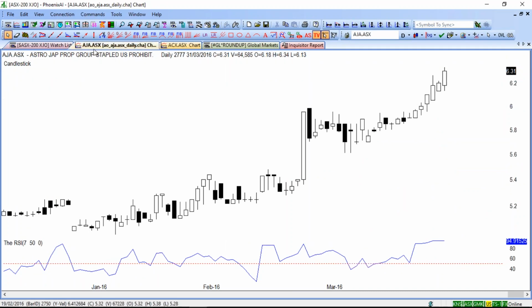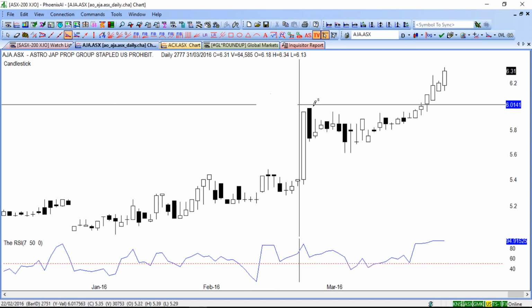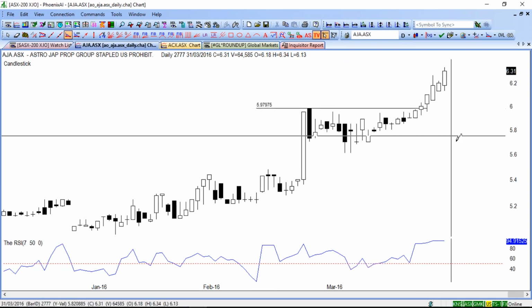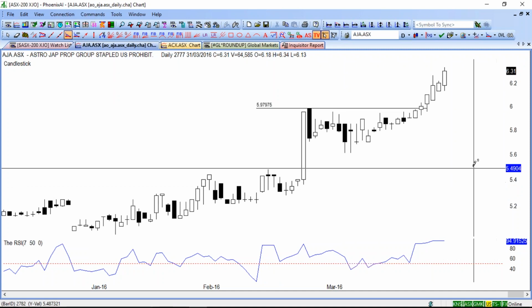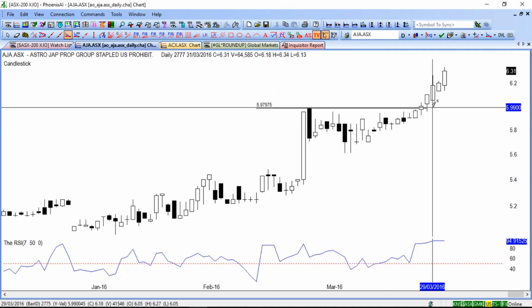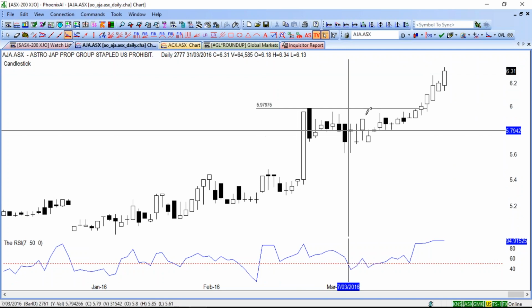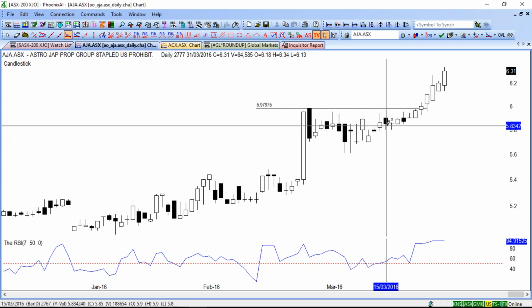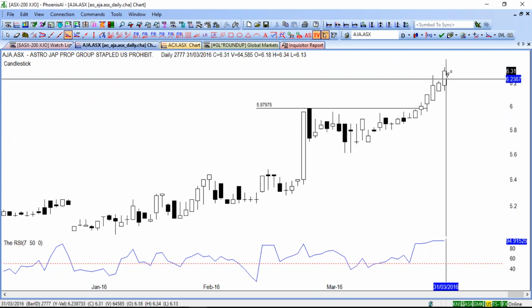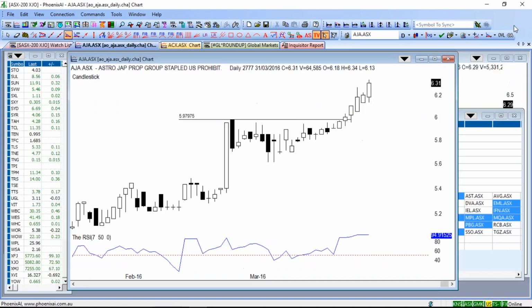This comes up every day on the scan. And it broke back here, at basically $5.97 and now it's $6.31. It has a trend behind it. It has this secondary market that we talked about and then a break into the primary trend. So very simple concept about trend.